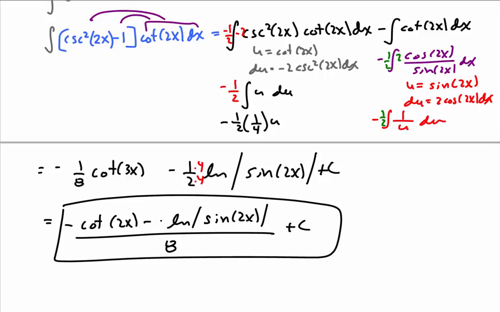Sorry about that. And I think my power, when I integrate, would be u squared, because it was a u to the first. There. I think we've got this cleaned up. So rewriting this with the common denominator: negative cotangent squared of 2x minus 4 natural log absolute value of sine of 2x, all over 8, and of course plus c, your constant of integration.